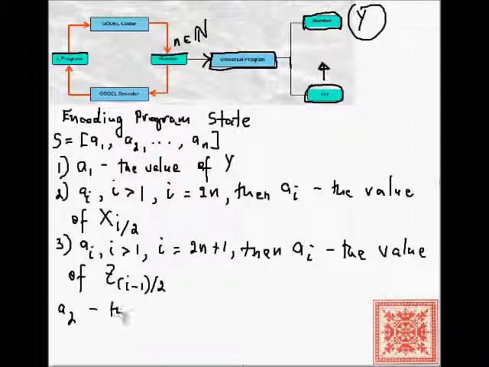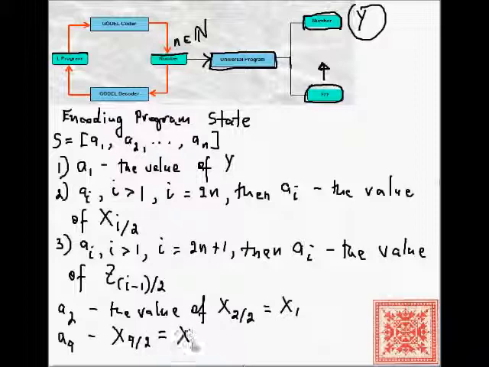So, for example, A2 encodes the value of, well, 2 is even, so x sub 2 divided by 2, x1. And that is true. And then A4 encodes the value of x sub 4 divided by 2, x2.